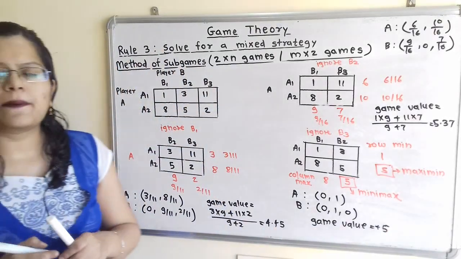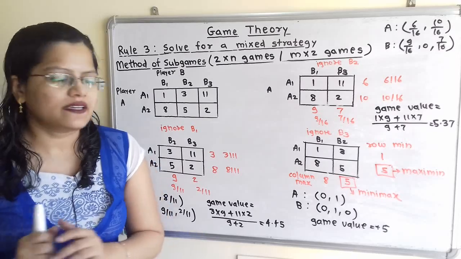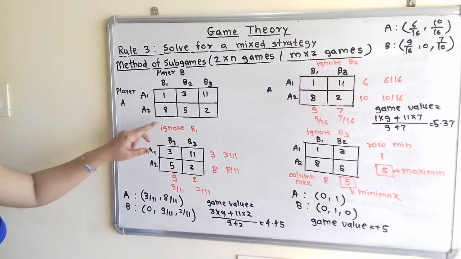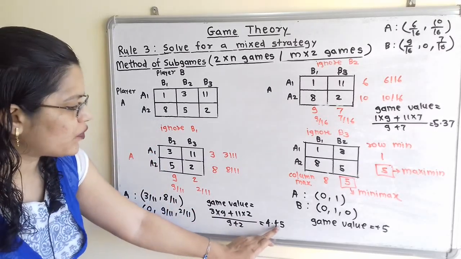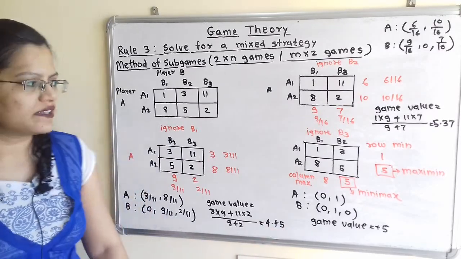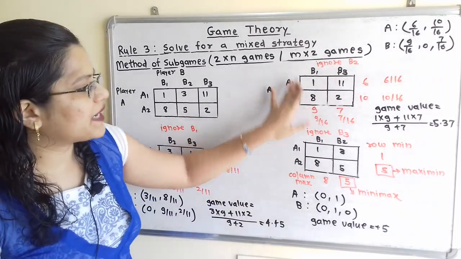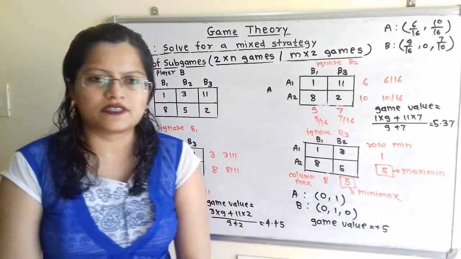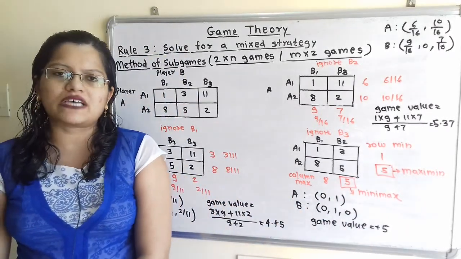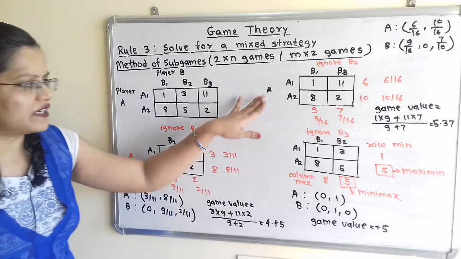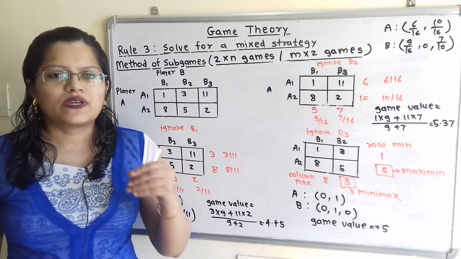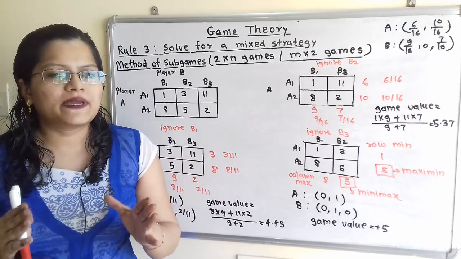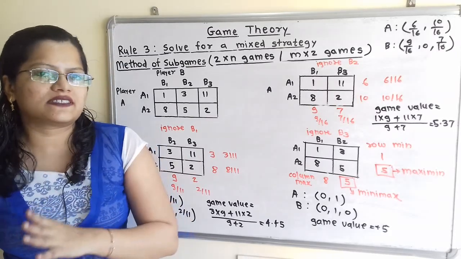Now if we compare the game values, the game value for subgame 1 is plus 4.45, for subgame 2 it is plus 5.37, and for subgame 3 it is plus 5. All these values are positive, so A is the winner. Now B should try to minimize the loss.